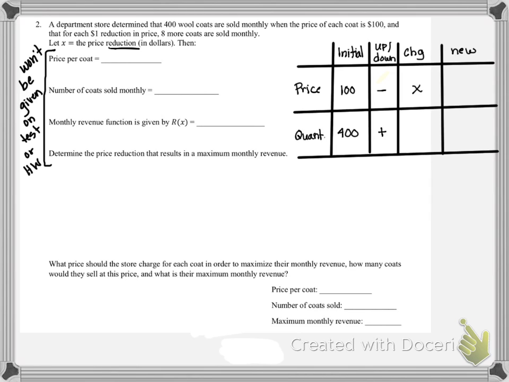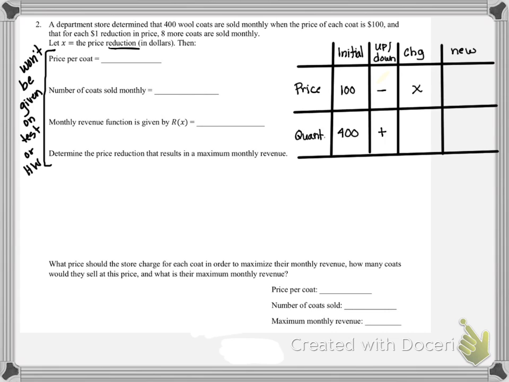And so that's X. You always want a variable in here because otherwise we don't have a function. In order to talk about a relationship between price and quantity, we have to have a variable in there somewhere. Otherwise, nothing's changing. You're just saying, I'm going to sell it for $99 and I'll be able to sell 408 of them. There's no relationship of changing values there.